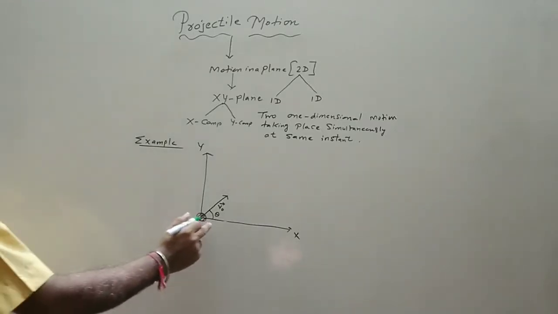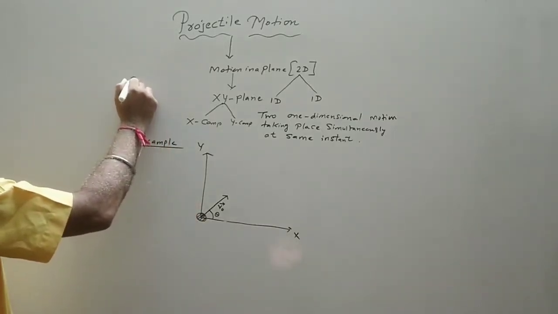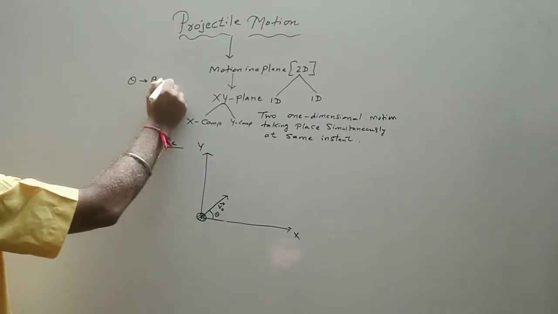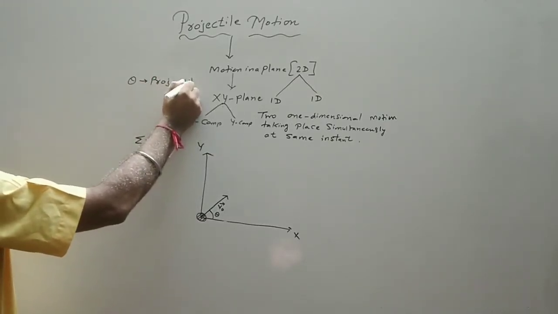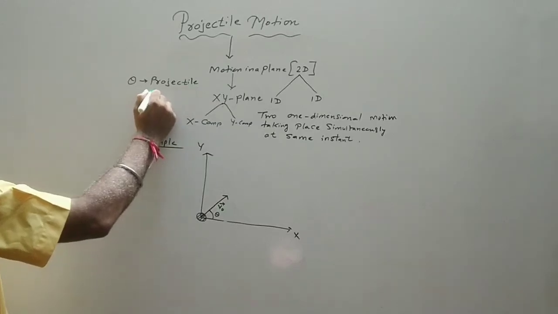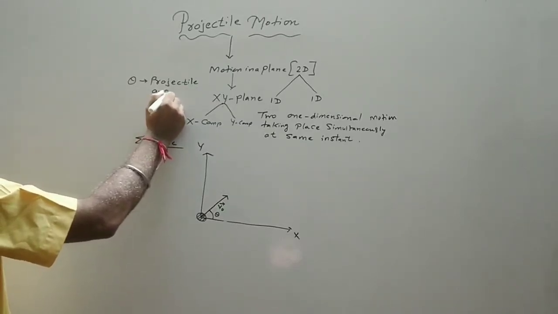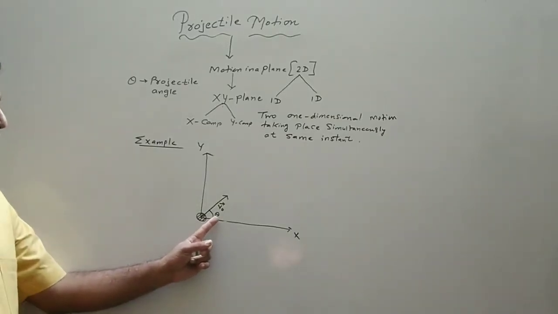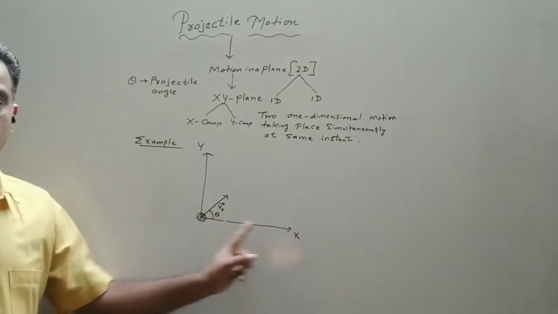So here a body is projected making an angle theta with the x-axis. This angle is sometimes referred to as the projectile angle, the angle by which a body is projected. Here we have assumed that this angle is with respect to the x-axis.